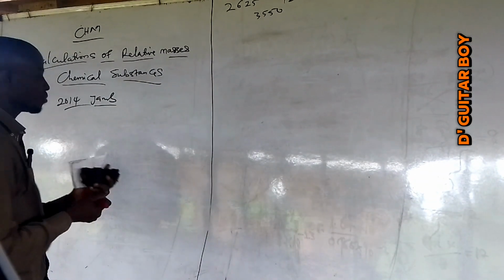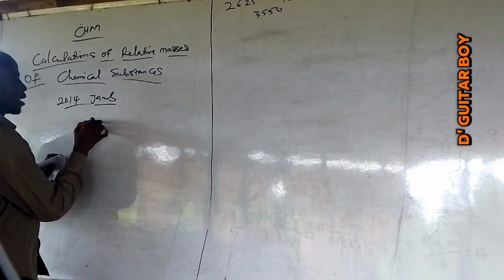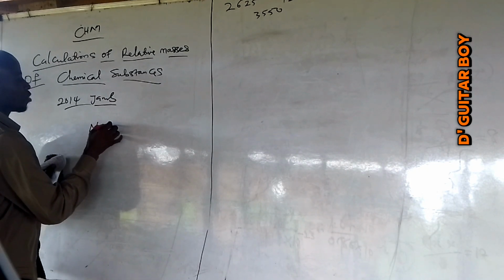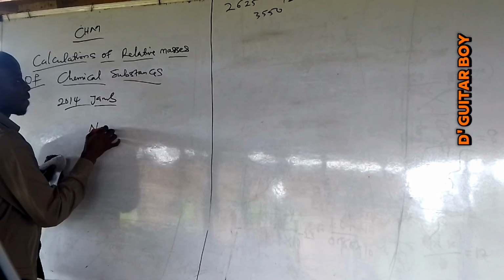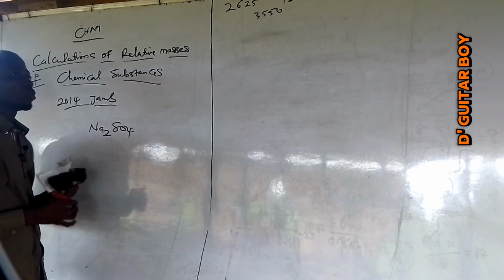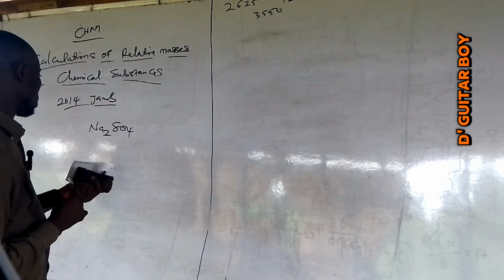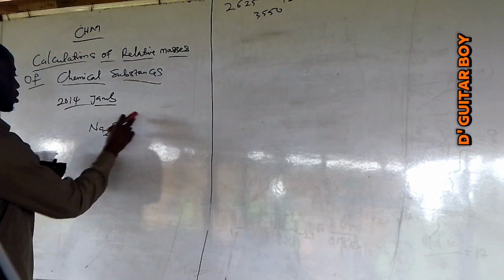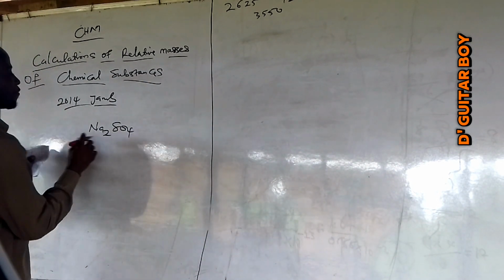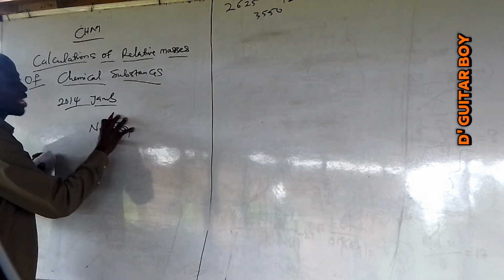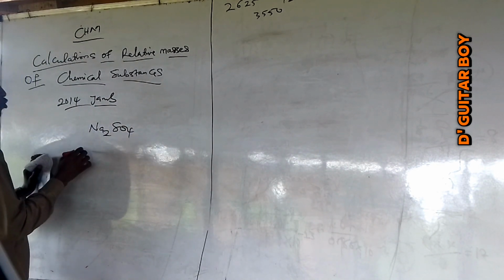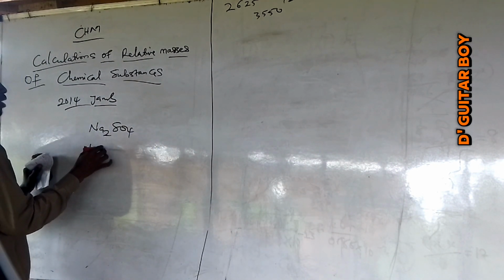So imagine you are also given something like this, let me say, sodium sulfate. This is the formula for sodium sulfate, Na2SO4. If they ask you to calculate the relative mass of sodium sulfate, you know that sodium is 23.